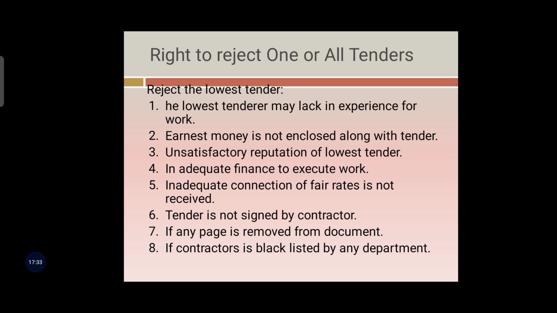Then if he has a lack of experience, then also the authorities can reject. Then if the lowest tenderer has quoted very high rates compared to the estimated rate, then also he can reject. Then if unforeseen things happen, then also he has the right to reject all the tenders. Okay, so these are the rights to reject the tenders. Thank you.